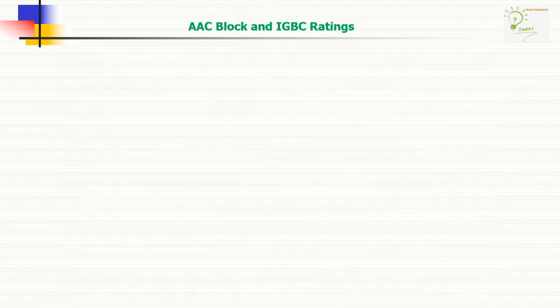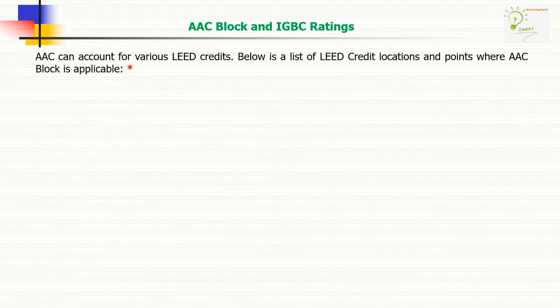AAC Block and IGBC, that is Indian Green Building Council, ratings. AAC Block can account for various LEED credits. Below is a list of LEED credit locations and points where AAC Block is applicable.